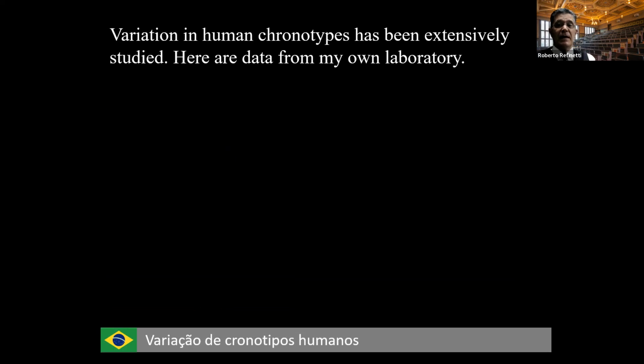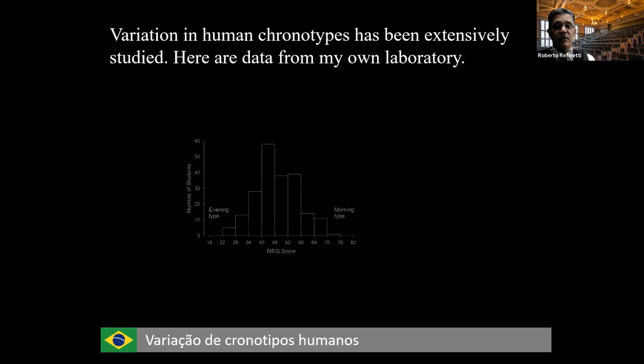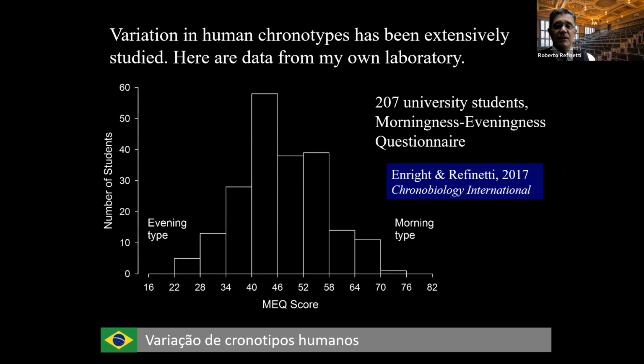Variation in human chronotypes has been extensively studied. I'm going to briefly show data from my own laboratory. These are from 207 university students. They were given the morningness-eveningness questionnaire. That study was published in 2017. Here you have the evening types.